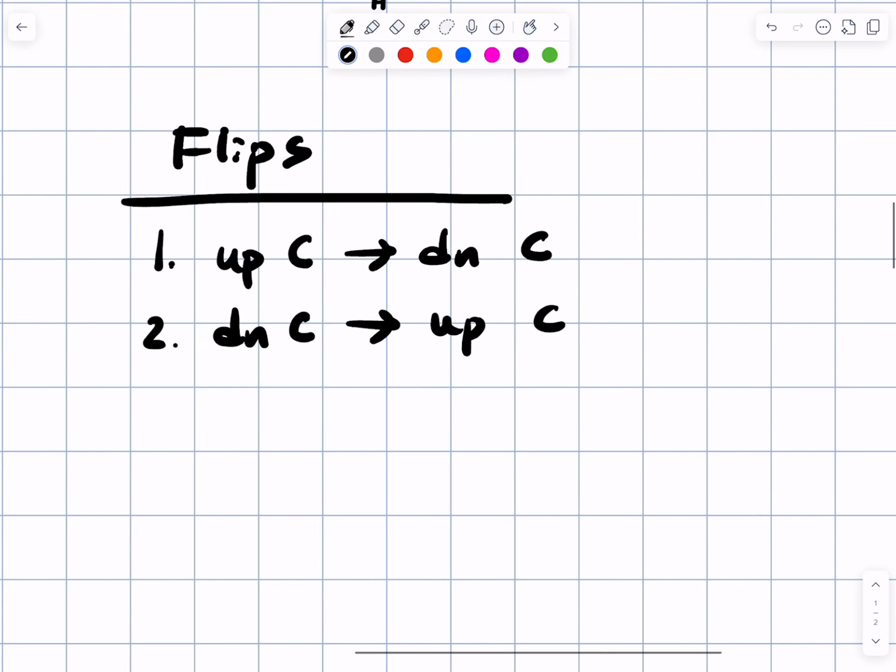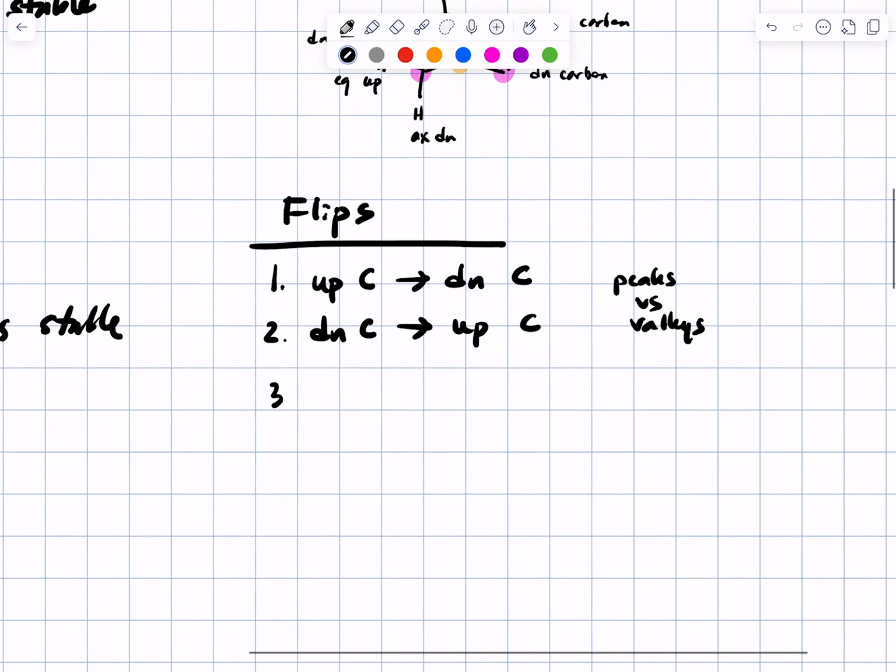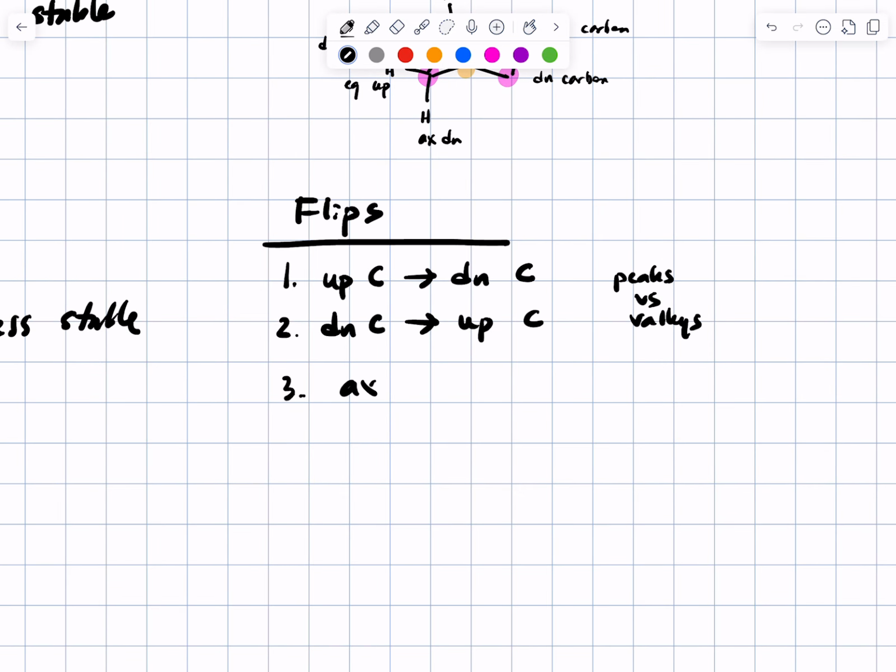In other words, peaks and valleys switch of the carbons, okay? The third thing that happens when a chair flips is axial substituents become equatorial, and equatorial substituents become axial.